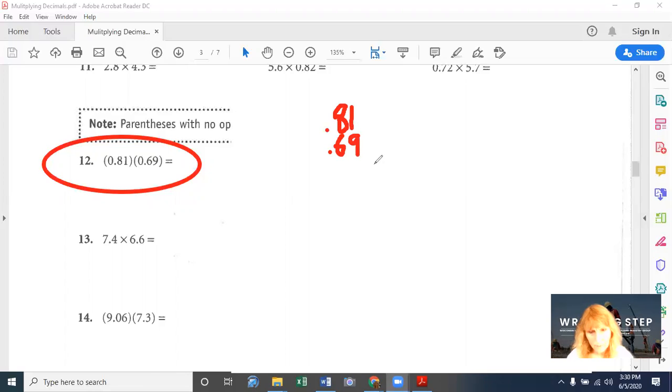And then I multiply. So we'd take the 9 and multiply it times the 1. 9 times 1 is 9. 9 times 8 is 72. Now be careful on the second one, we start with the 6. We've got to multiply it by the 1, but we have to start our answer under the 6. So 6 times 1 is 6. A lot of people like to put a 0 here to hold their place, but you don't have to if you remember to put it underneath the 6, the number you're multiplying by now.